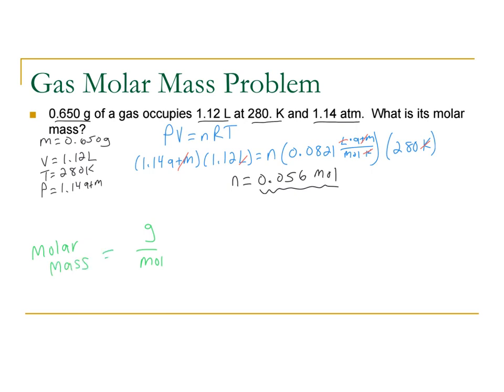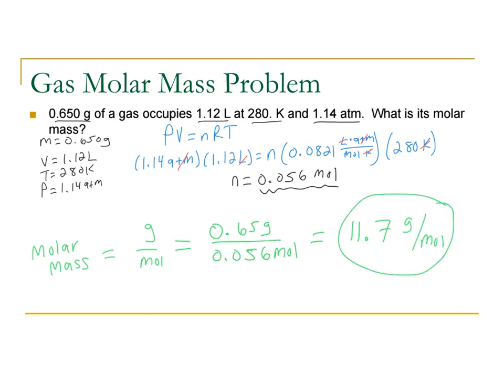I'll plug in what I have for grams, which is 0.65 grams, and what I know now is moles, 0.056 moles. It's just 0.65 divided by 0.056. And I get a number of 11.7 grams per mole as the molar mass.